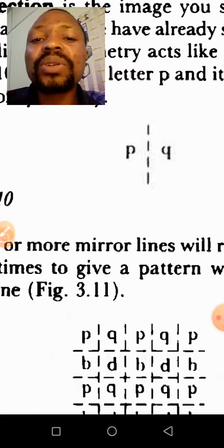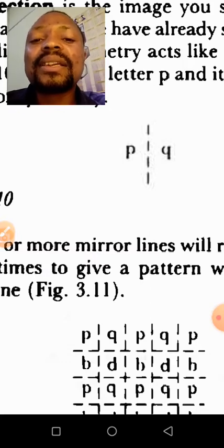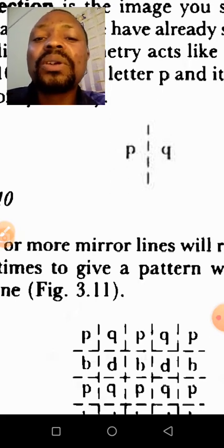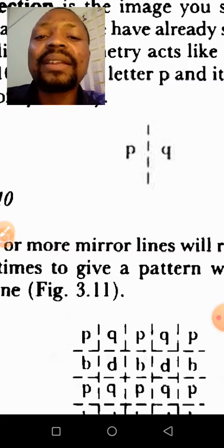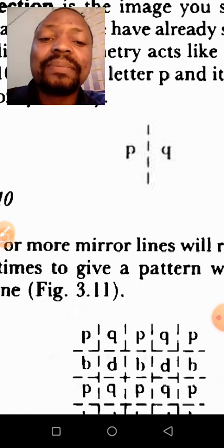You can be told that the mirror line is x is equal to 4, or the mirror line is y is equal to 2. Then you need to see the distance of the original shape from the mirror line, and it's the same distance that you have to consider for the image.